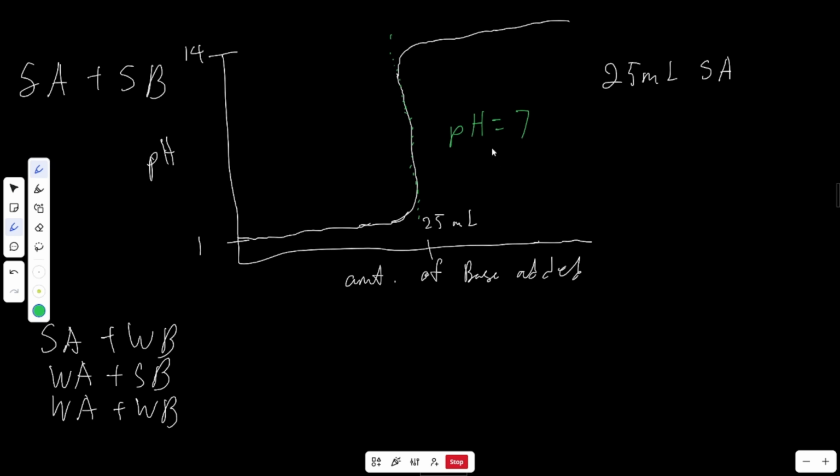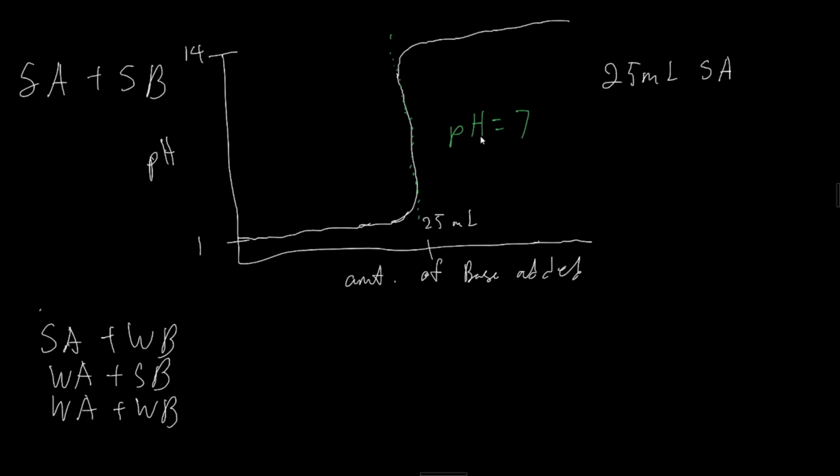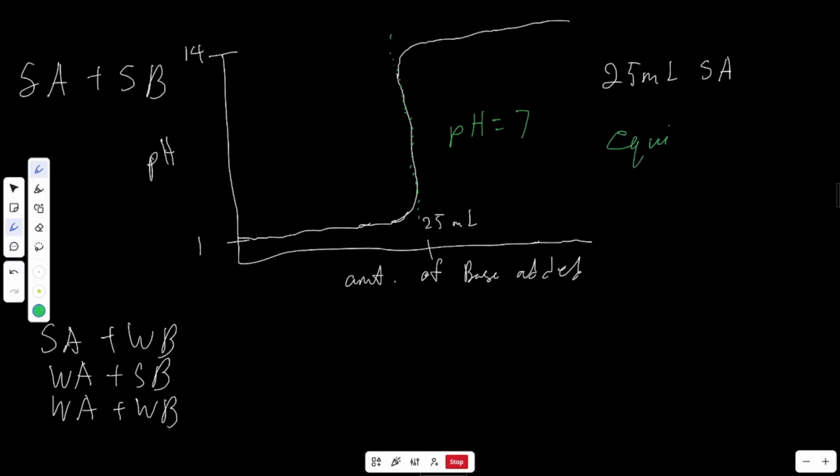The pH at the equivalence point is 7. And an equivalence point is when there are equal parts acid and equal parts base.